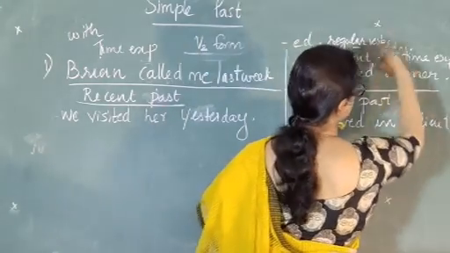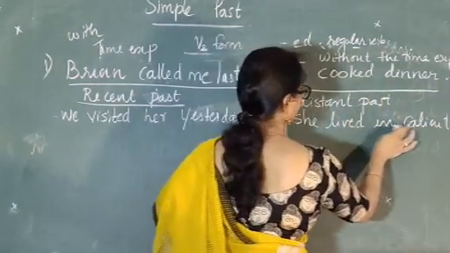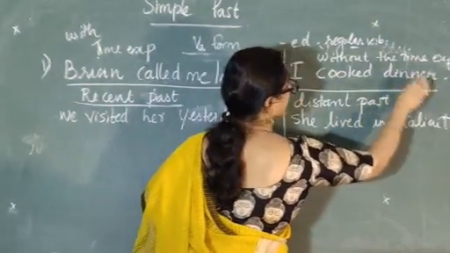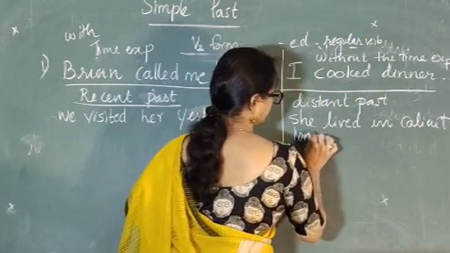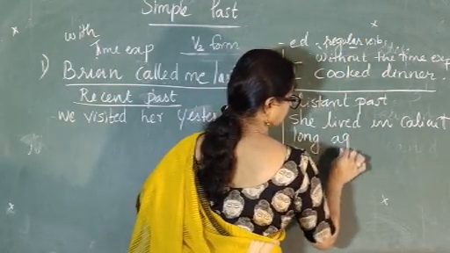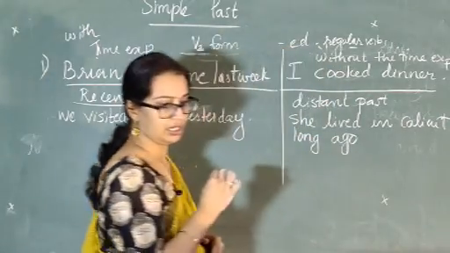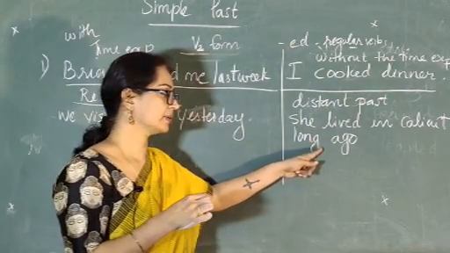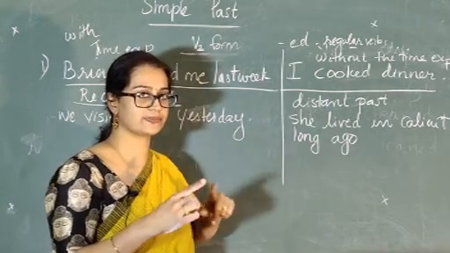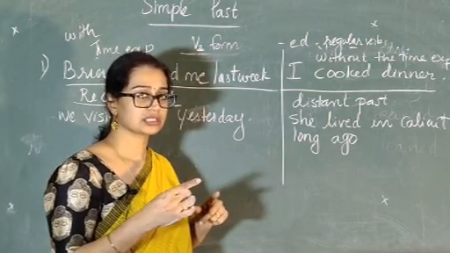Oh, I have to constrain. I'll have to tweak it and write it here. I hope you can see. She lived in Calicut long ago. Okay. So I use this on purpose. The words are used on purpose just to show the difference between the recent past and the distant past.